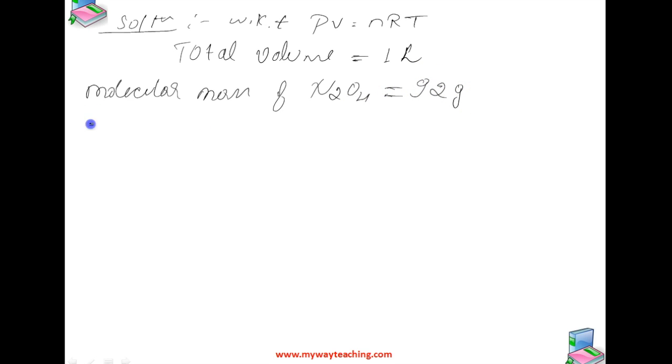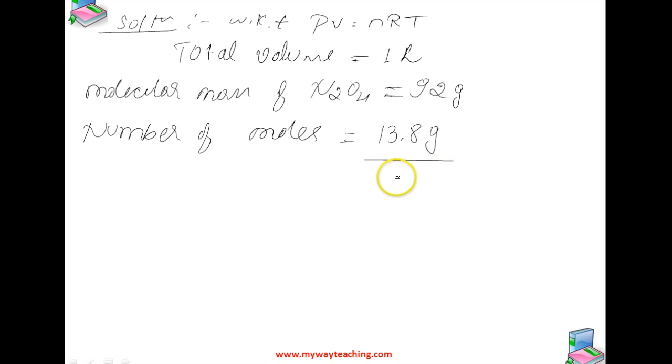And number of moles is equal to 13.8 gram divided by 92 gram, which is equal to 0.15. Okay, 0.15. This is the number of moles.